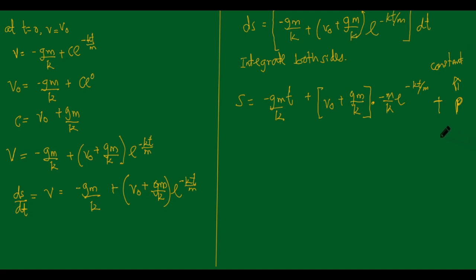Or you can use any arbitrary letter. So we have that s will be equal to minus gmt divided by k minus mv naught divided by k plus gm squared divided by k squared multiplied by e raised to the power of minus kt over m, plus p.